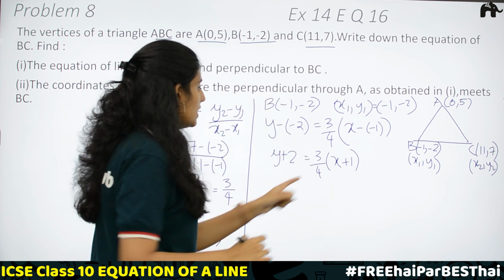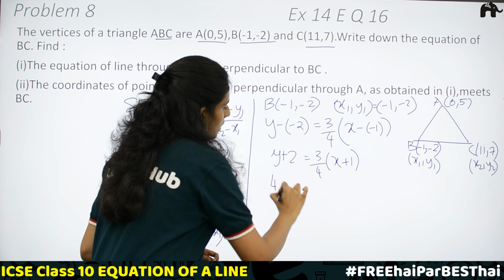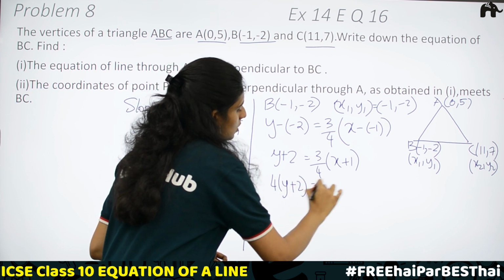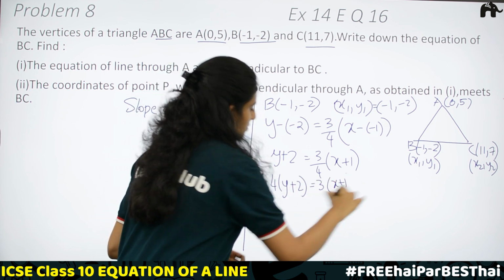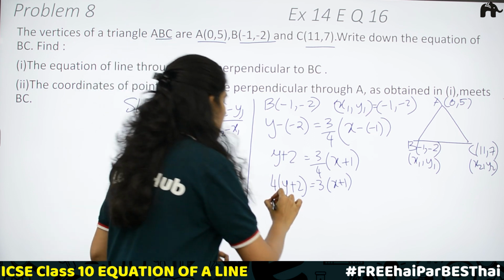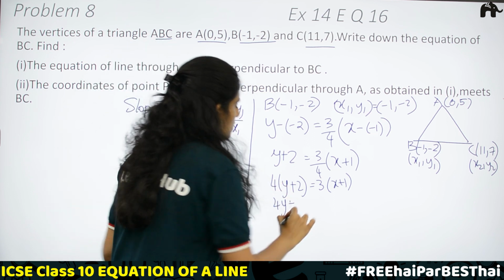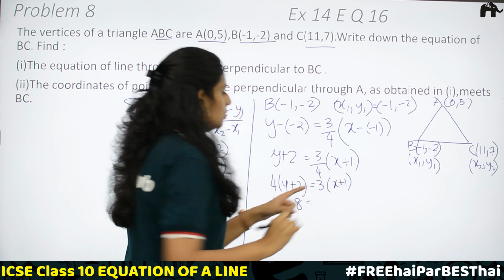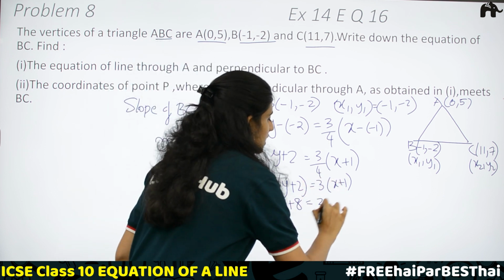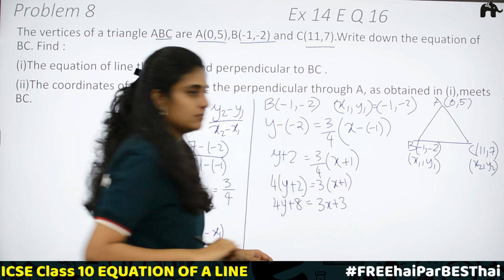Okay. Now multiplying with this 4, 4 into y plus 2 is equal to 3 into x plus 1. Removing brackets and multiplying, we get 4y plus 4 into 2, 8 is equal to 3 into x, 3x, 3 into 1, 3 plus 3. Okay.